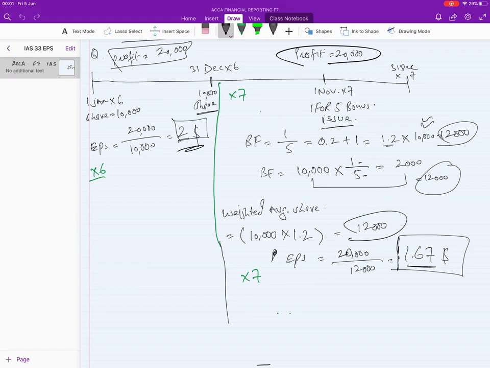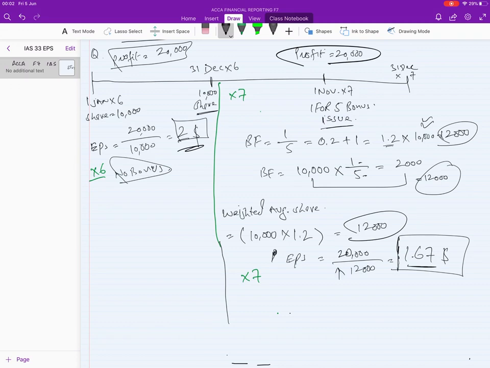This is not a like-with-like comparison, because last year in 2006 there was no bonus issue, but in X7 there was a bonus issue.